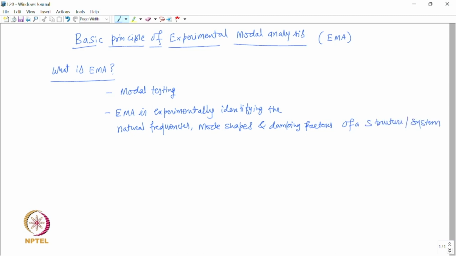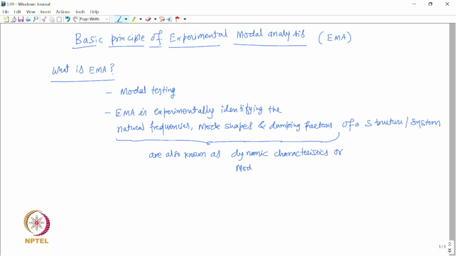These characteristics, natural frequency, mode shape, damping factors, are also known as dynamic characteristics of the structure or modal parameters, right.